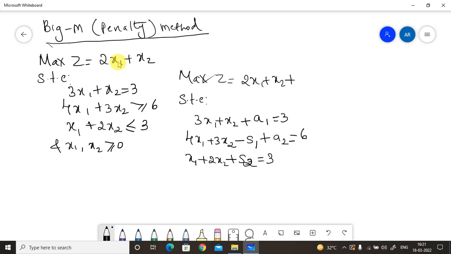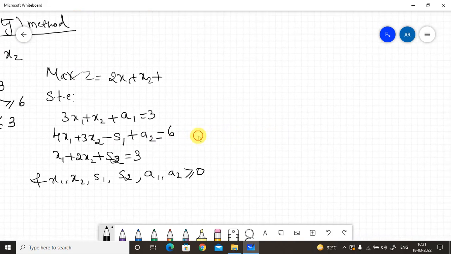Then finally I write that all the basic and non-basic variables are greater than or equal to 0. That is, x1, x2, s1, s2, a1, a2 are all greater than or equal to 0. After that, I just need to find the initial basic feasible solution.